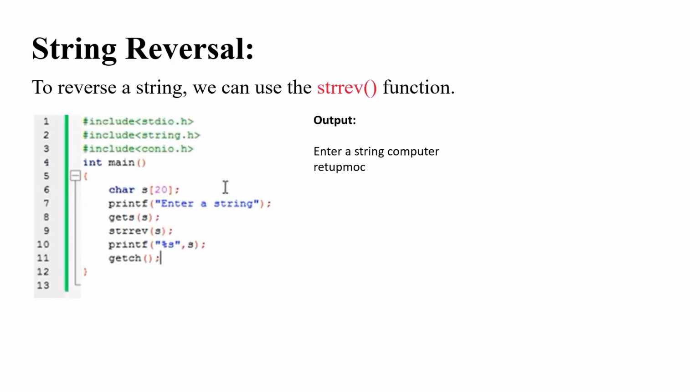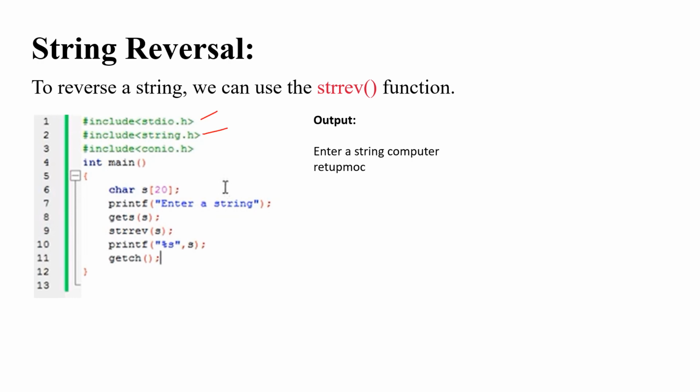Next, string reversal. Suppose you are given a string, you want to reverse the string. That is, the last character must come to the first position and so on. So a C program for reversing the string is given here.